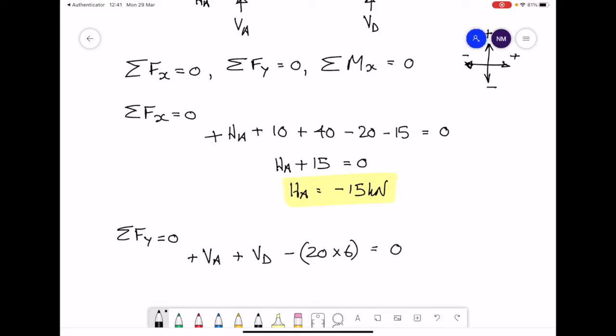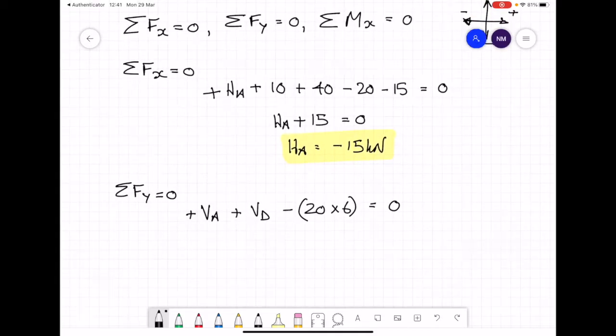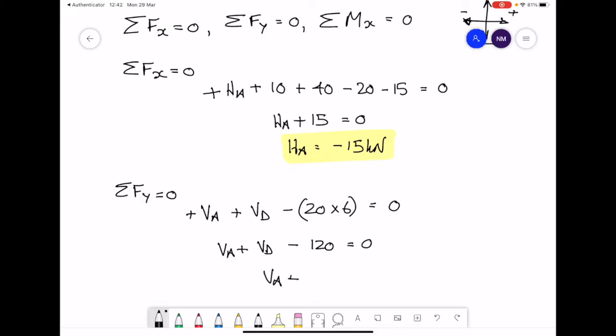For equilibrium, these must add up to give you 0. Rearranging our equation, VA plus VD minus 120 equals 0, or the two reactions must add up to give you 120 kilonewtons. If we know the value of one of the reactions, we can easily work out the other one.